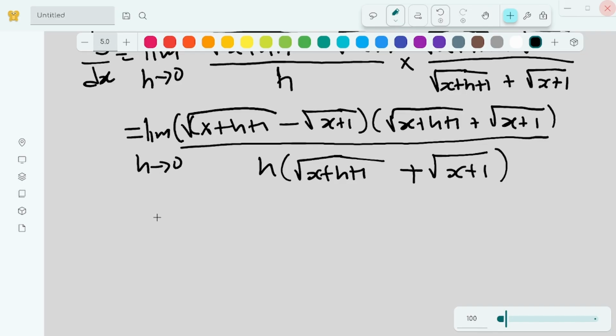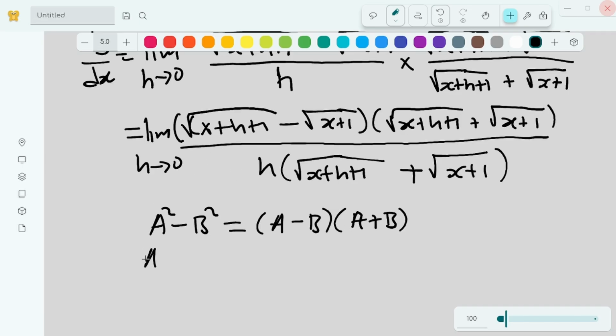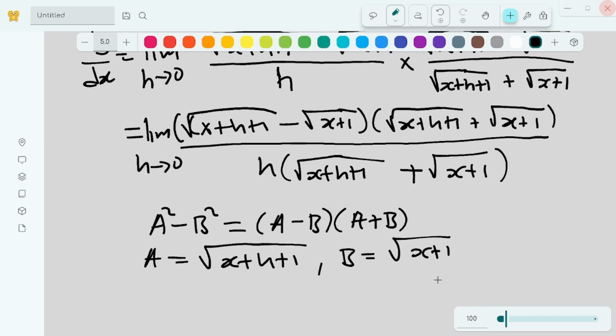If you have a squared minus b squared, you can write this as (a minus b) times (a plus b). The numerator is actually in this expanded form, where our a is the square root of x + h + 1 and our b is the square root of x + 1. So we can reverse from this expanded form to a squared minus b squared.